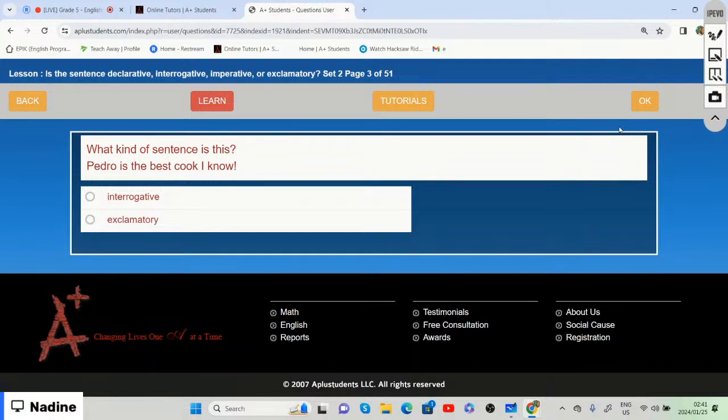Then we're going to the next one that says Pedro is the best cook I know. Is this an interrogative sentence or is it an exclamatory sentence?